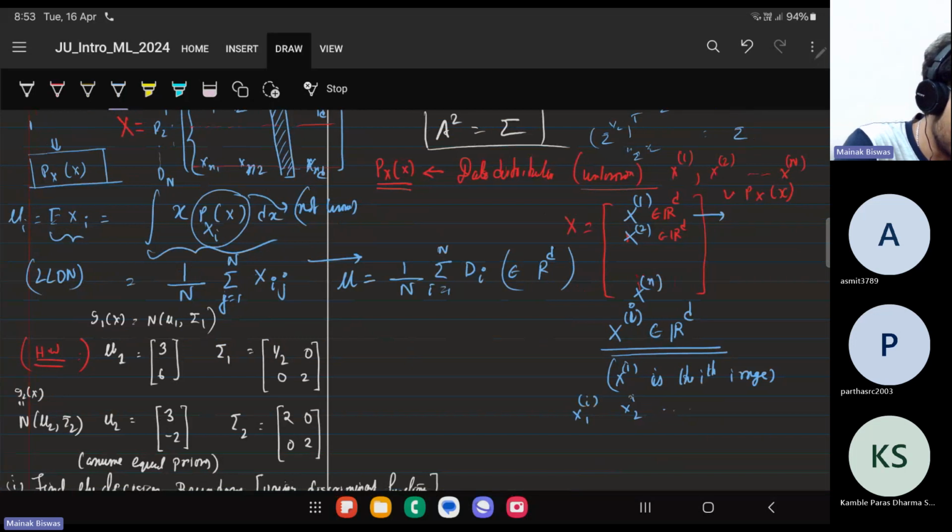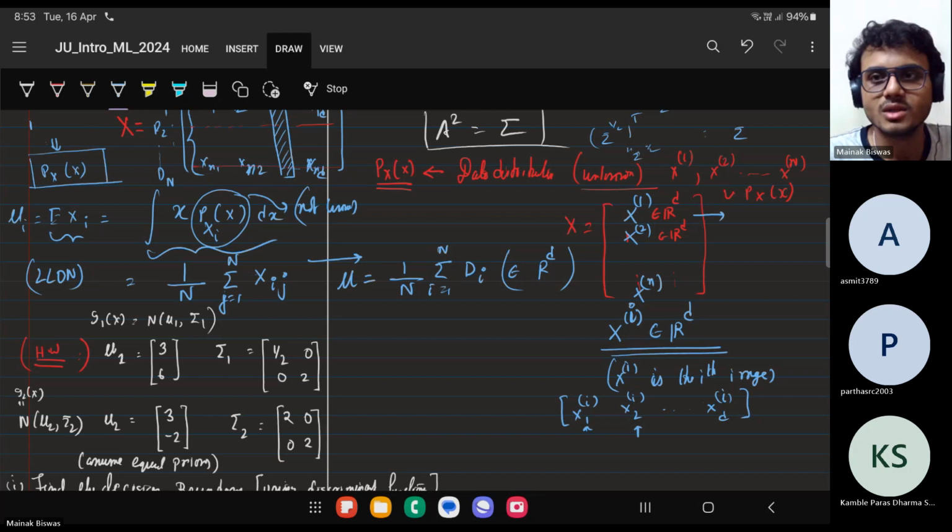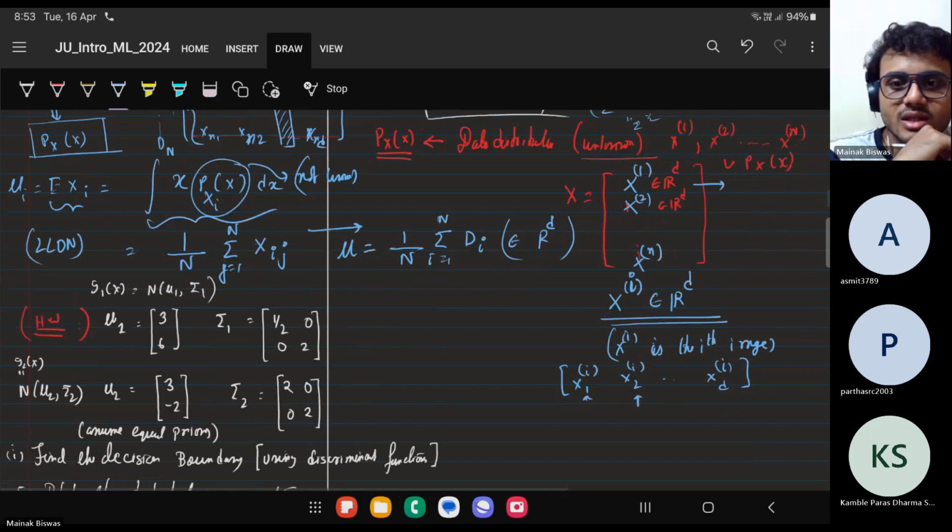If I'm writing i on the top, these are the data points, and the xi from 1 to d are my features of the image i.